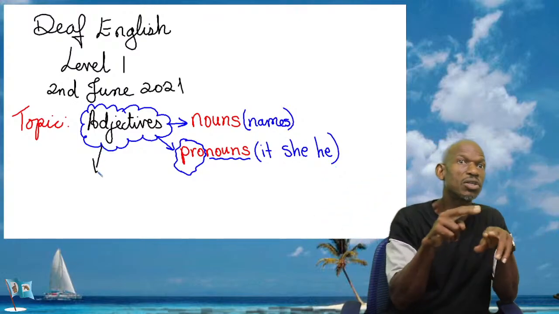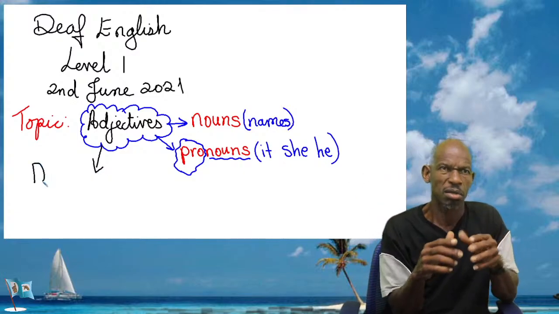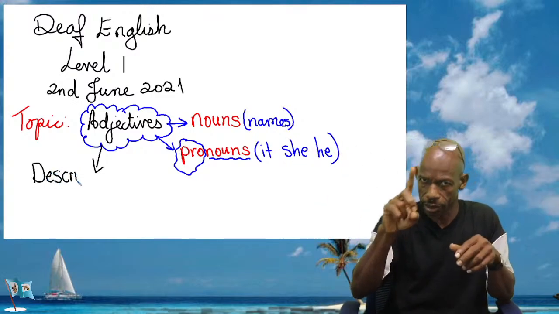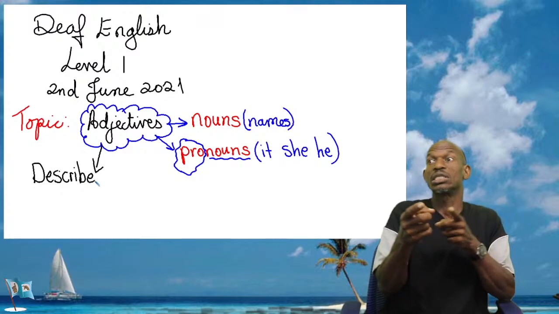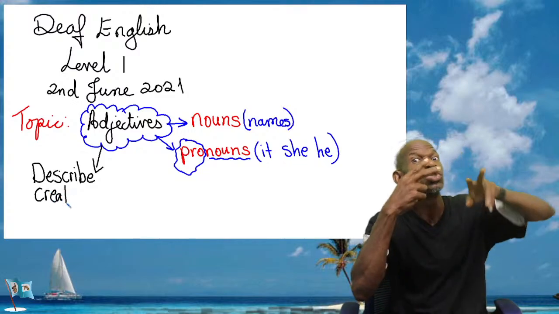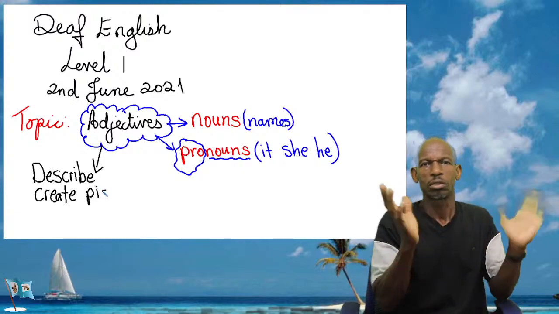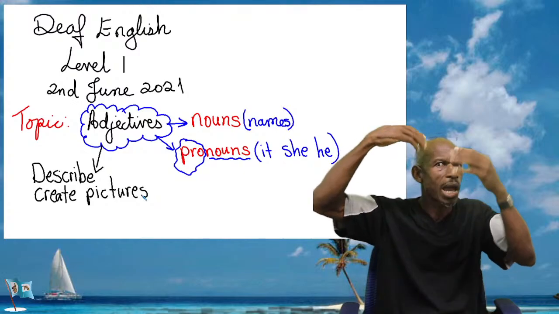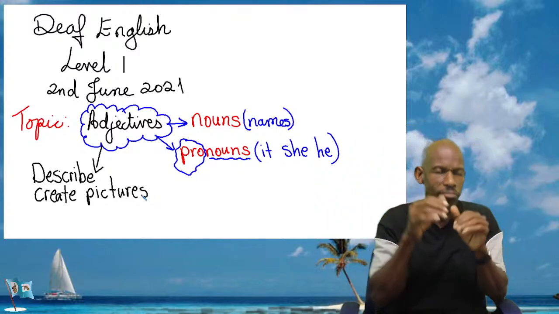So adjectives describe, and I'm writing the word describe, DESCRIBE. They describe or create a picture, or make a picture, or make pictures that help us to make a picture in our mind as to what we are talking about.